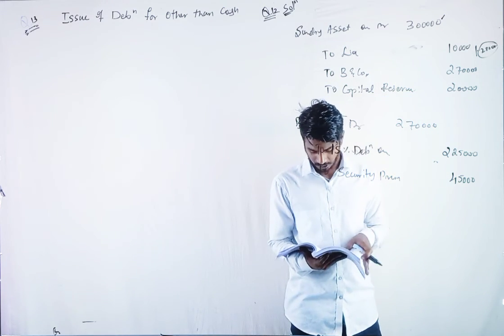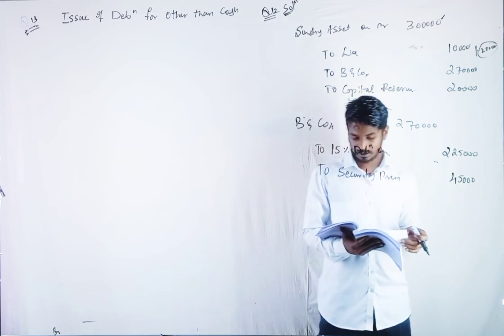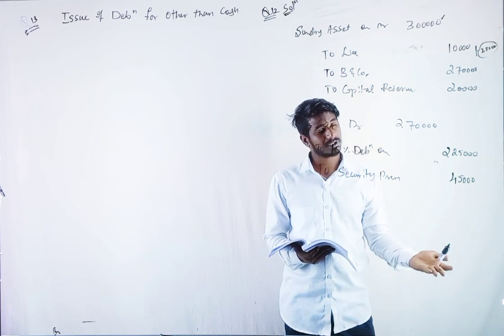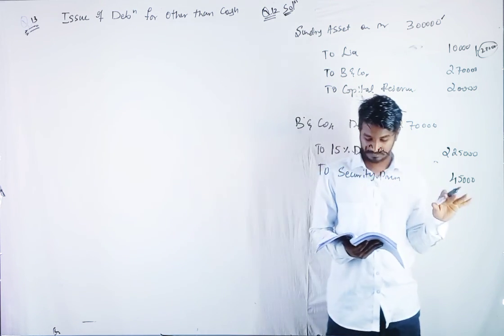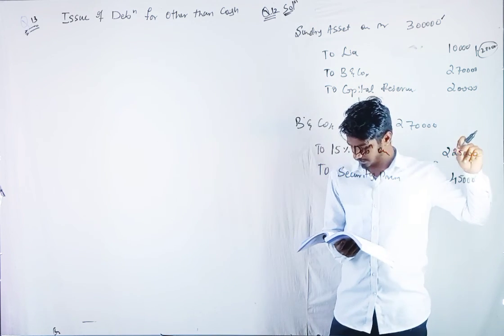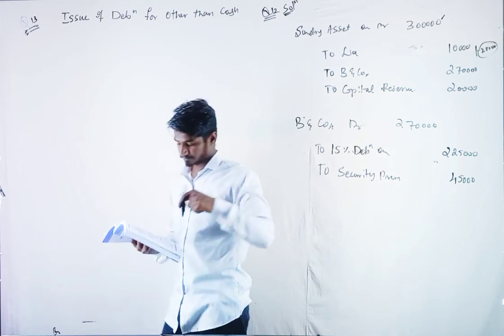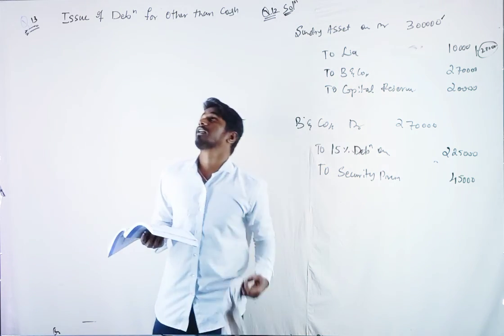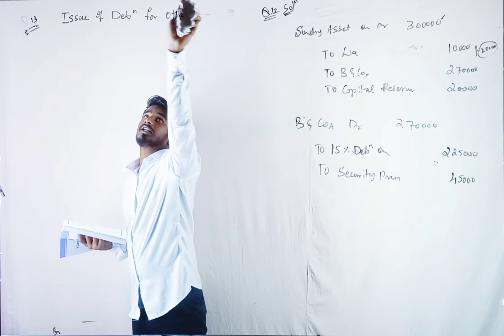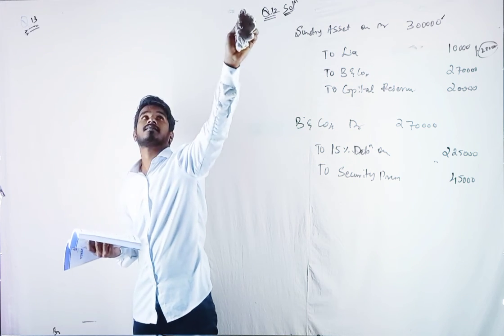If you have any doubt, you can text me. Whatever we have done, just the amounts are changed, the entries are the same. Next concept. Here it comes to an end, issue of debentures for other than cash.